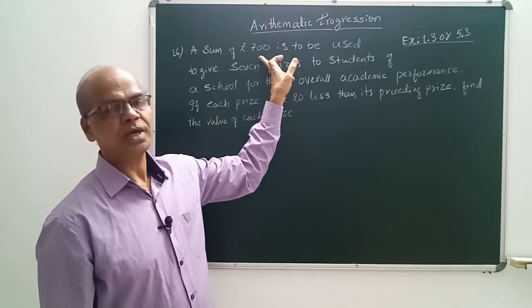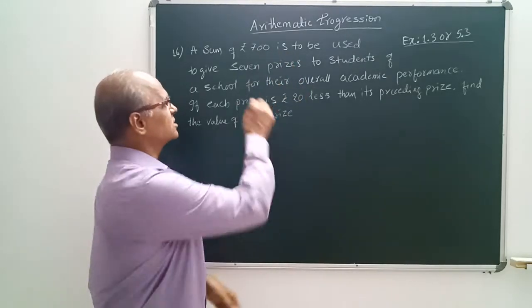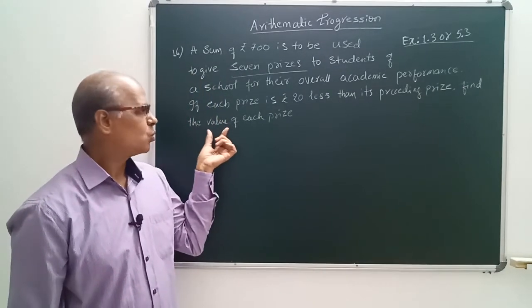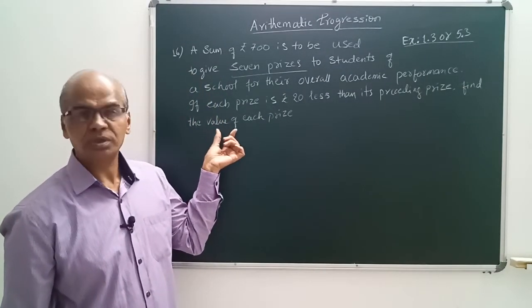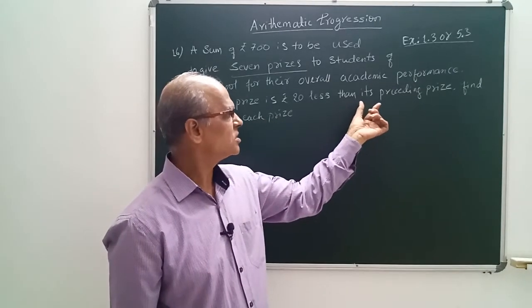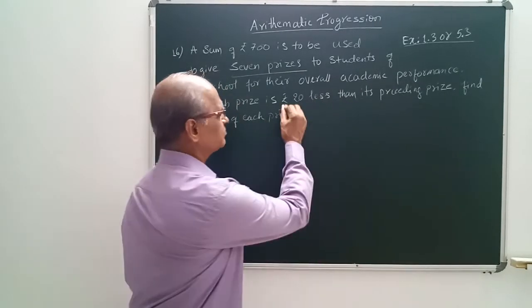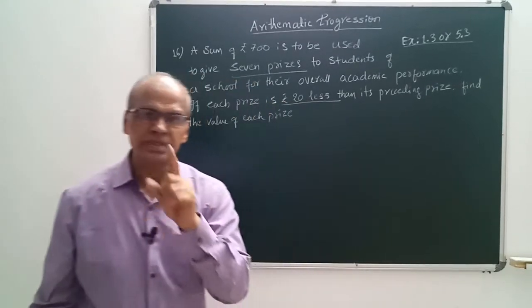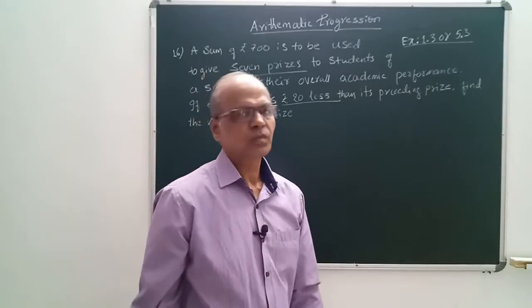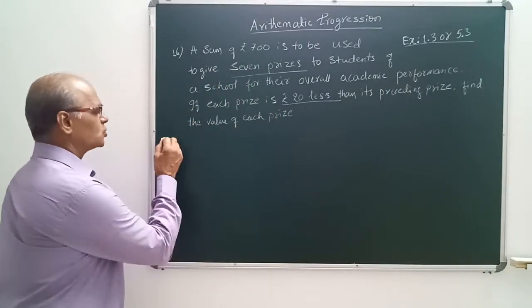This 700 has to be distributed among 7 prizes, that means 7 students. Calculate what each student will get as a prize. The condition given here is every prize is 20 rupees less than the preceding prize. Understood? Okay, how to solve this?